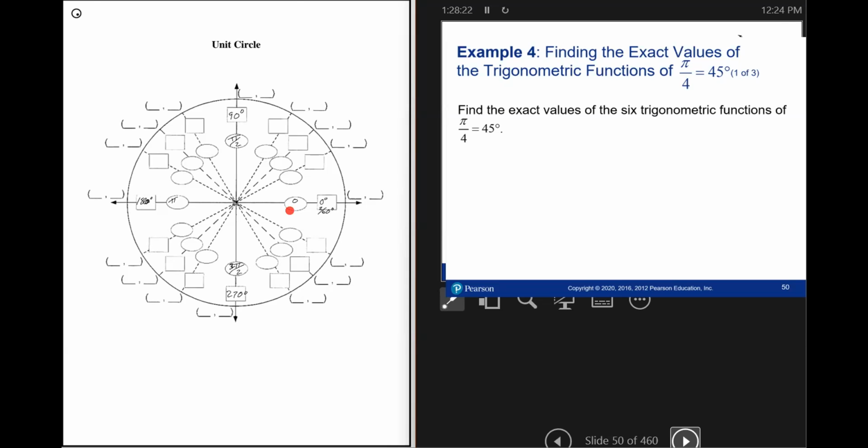And our coordinates here are (1, 0), (0, 1), (-1, 0), and (0, -1).